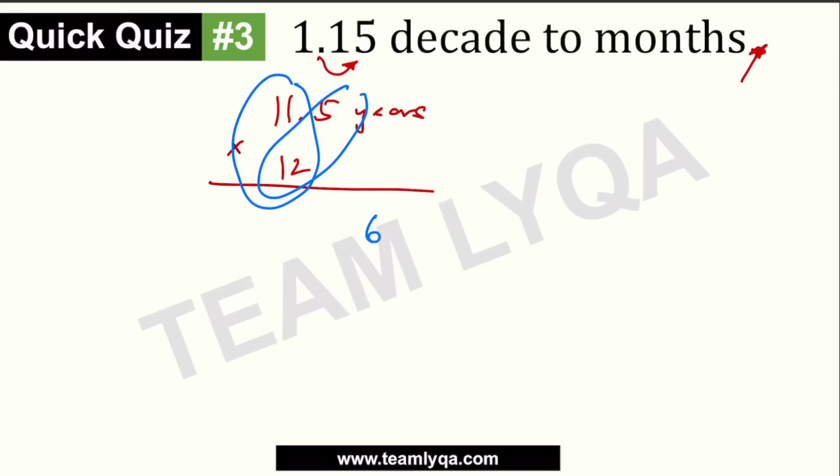Meron tayong tricks sa multiplying ng numbers by 11, which is ilalagay lang natin yung dalawang digits sa gilid. So, 1 and 2. Tapos, yung sum nila. So, 1 plus 2 is 3. That is 132. Yan na yon, yung 11 times 12. Idadagdag ko lang yung 6. This is going to give me 138 months.